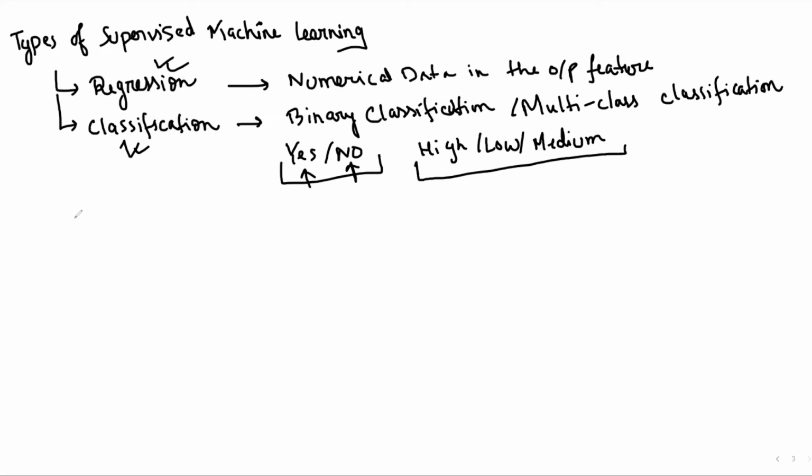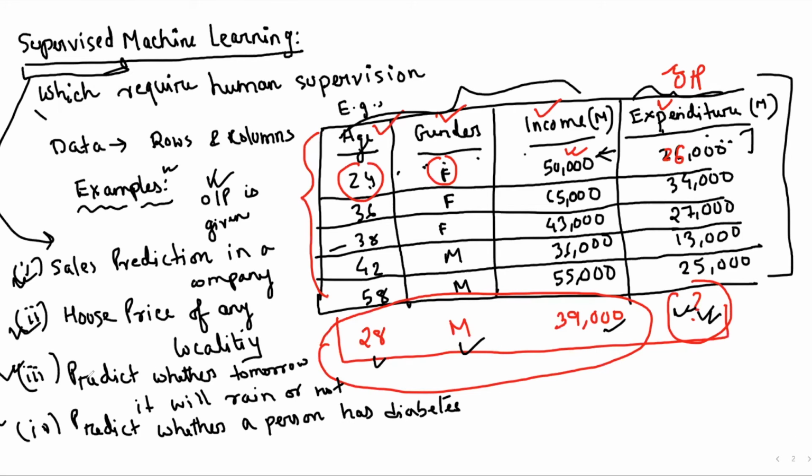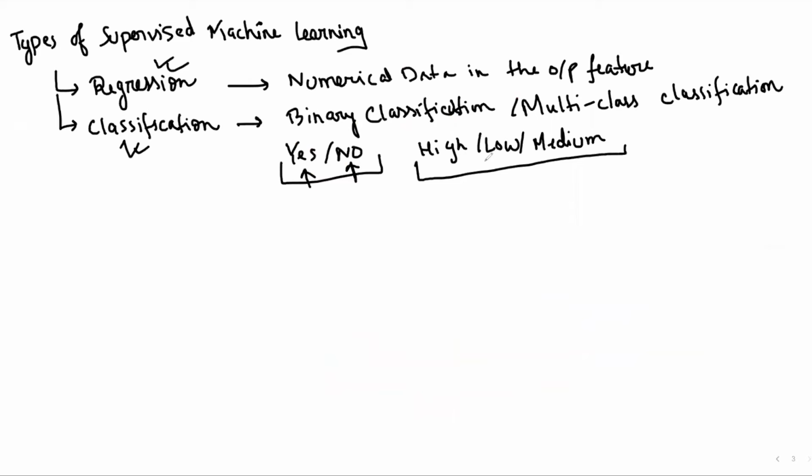In the previous screen, I was talking about these 2 examples: predict whether a person has diabetes or not, or predict whether tomorrow it will rain or not. So what does it actually mean? The data sets will be, let's say I take the case of diabetes.